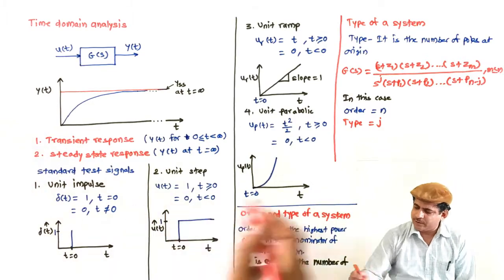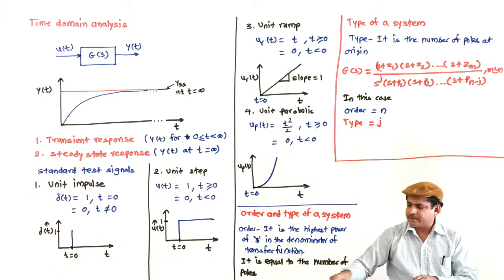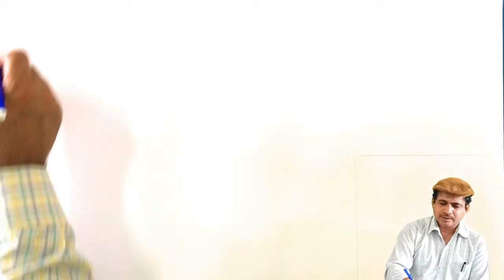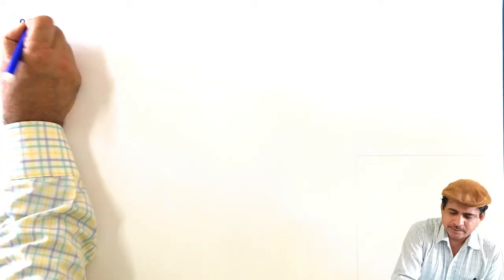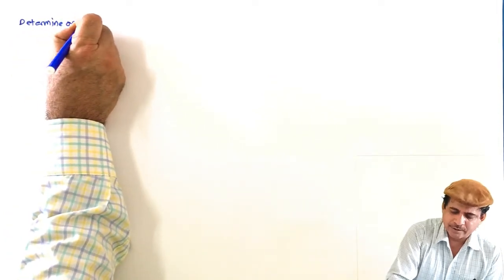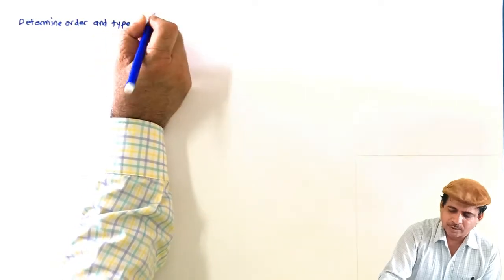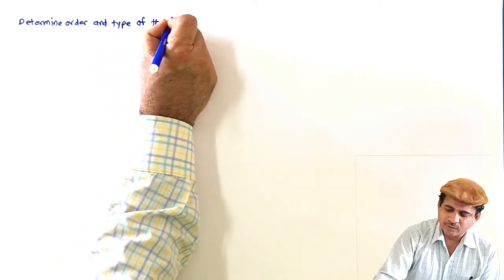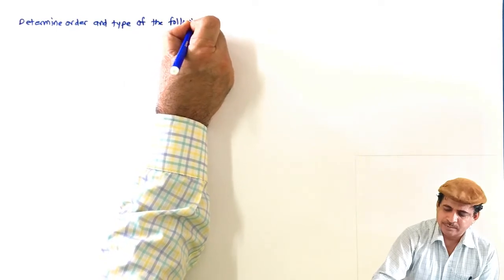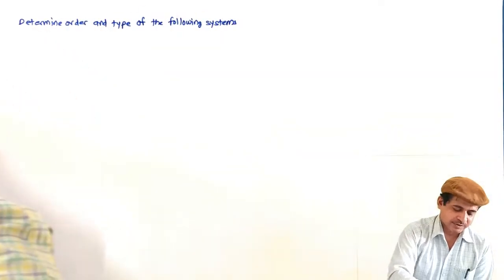Let us have a better understanding of this concept. Let us take a few simple examples that will clarify the concept. Determine order and type of the following systems.